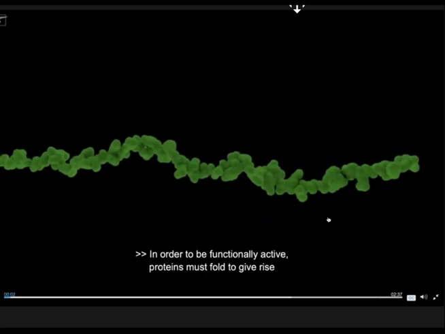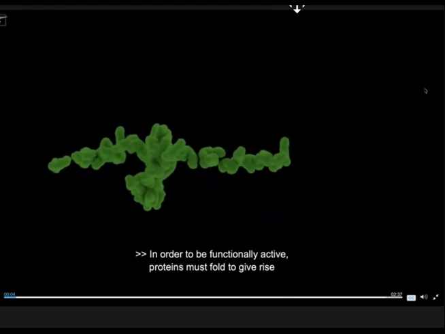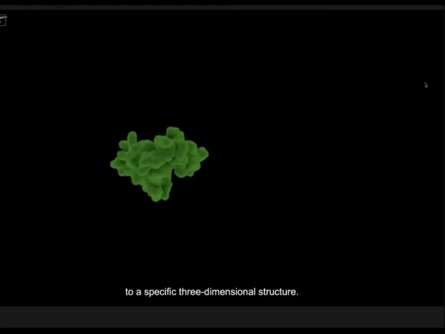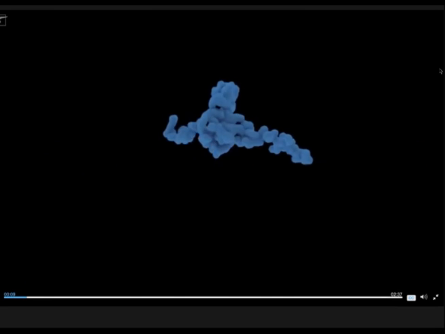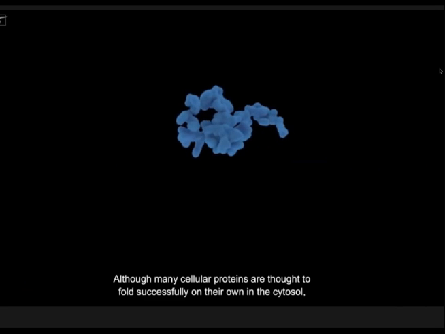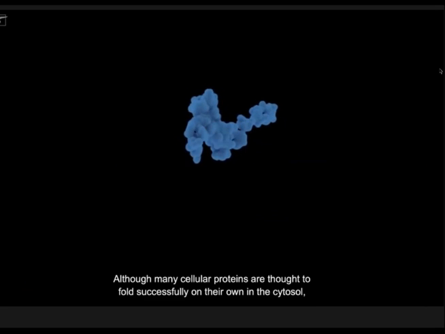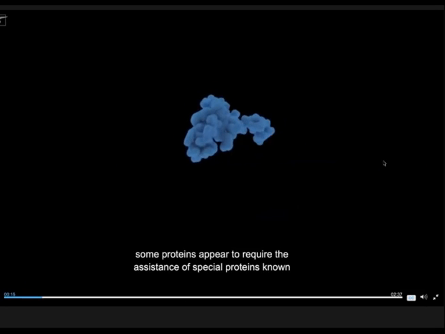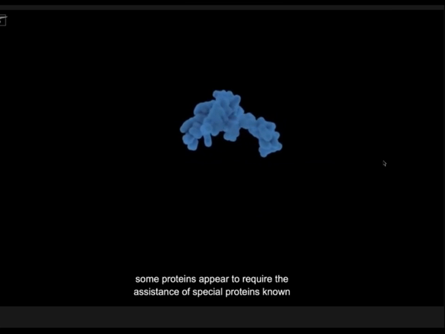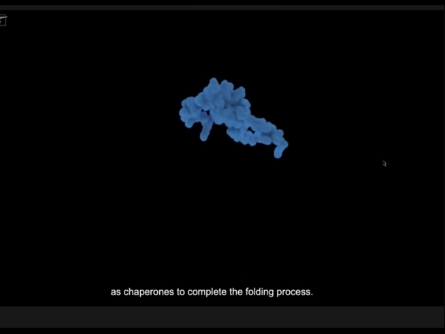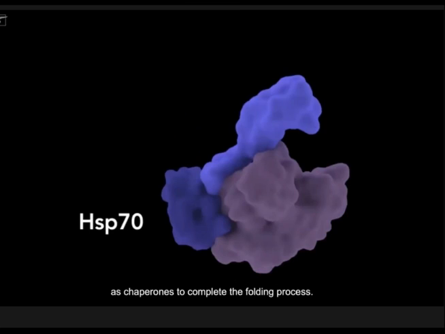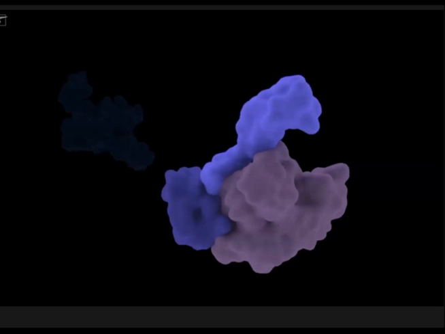In order to be functionally active, proteins must fold to give rise to a specific three-dimensional structure. Although many cellular proteins are thought to fold successfully on their own in the cytosol, some proteins appear to require the assistance of special proteins known as chaperones to complete the folding process. One of the best characterized chaperone proteins is heat shock protein 70, or HSP70.